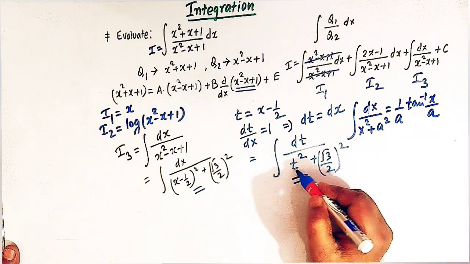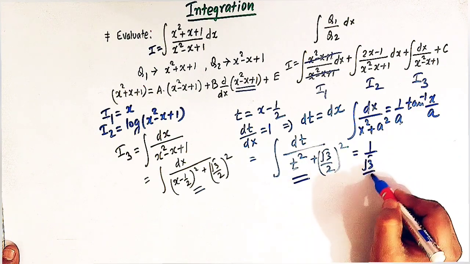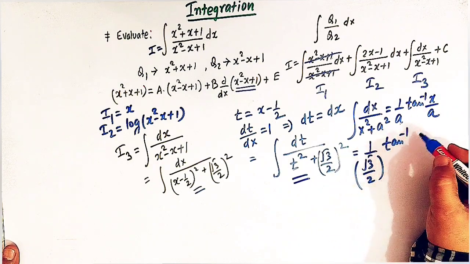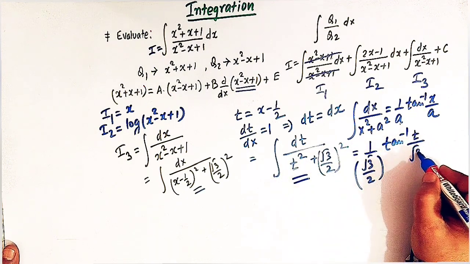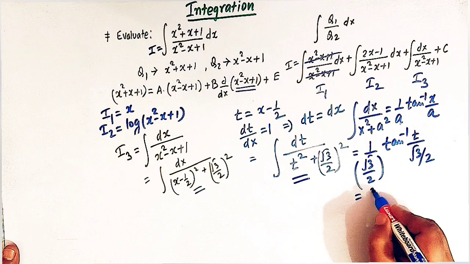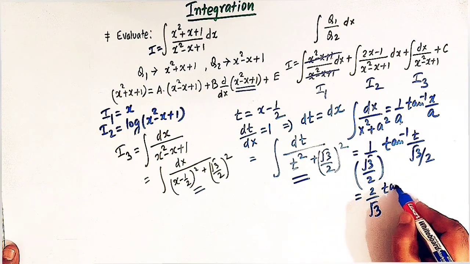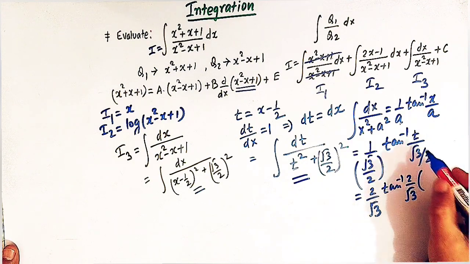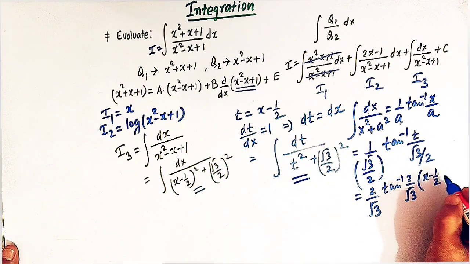So here the variable is t. So we have 1 over a, where a is square root of 3 over 2, so this is 2 over square root of 3, taking the reciprocal, tan inverse of t over root 3 over 2, which is 2 over square root of 3, and for t we can write x minus half.